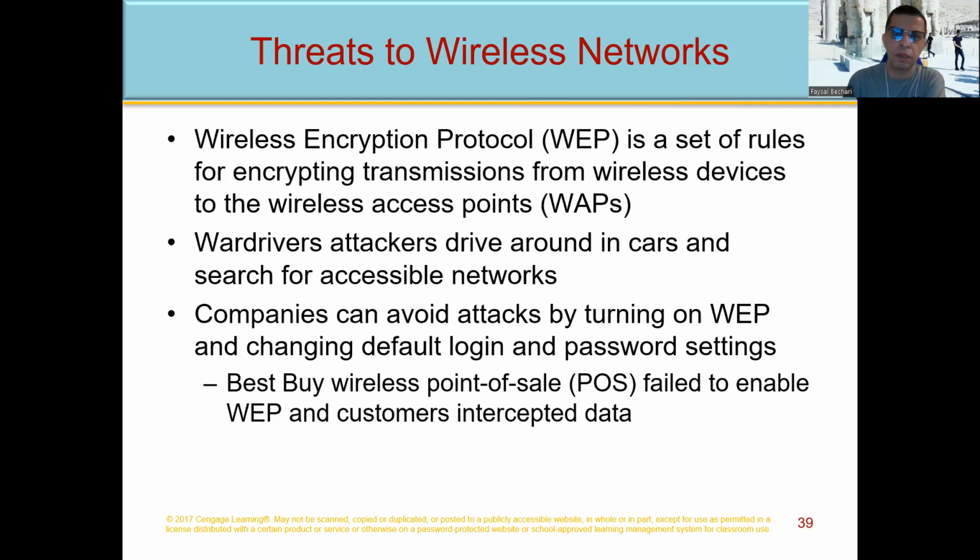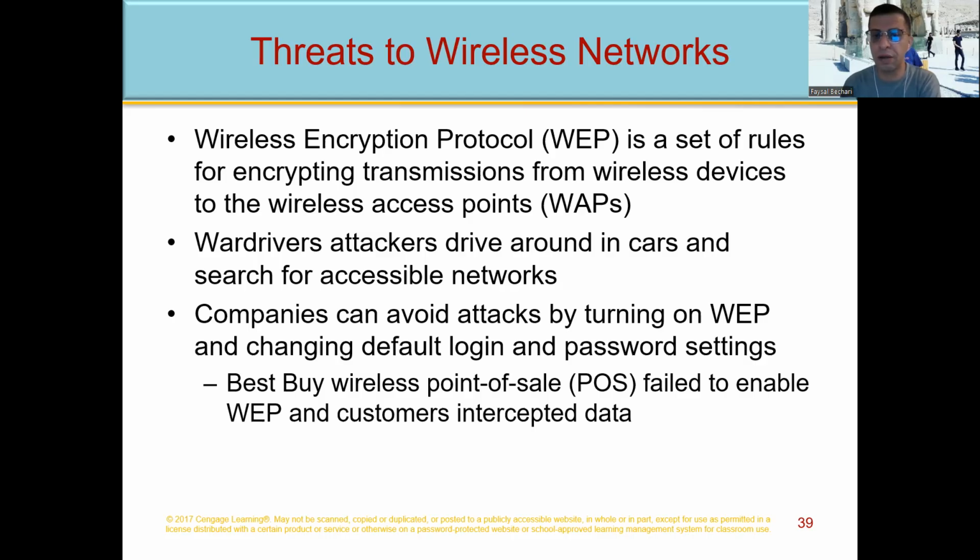But we have other things, fiber optics versus the wireless. So the wireless encryption protocol, or WEP, is a set of rules for encrypting transmissions from a wireless device to a wireless access point, which is a WAP.